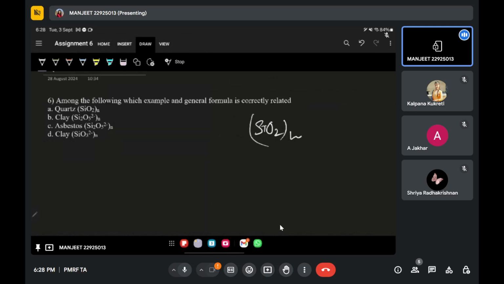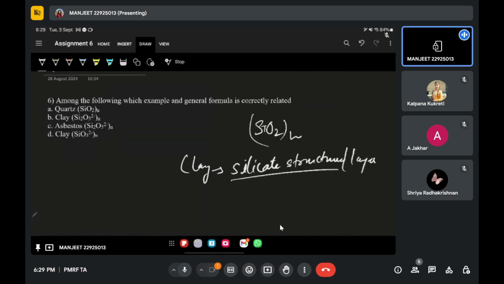In the clay, clay is basically your silicate structure, but the layered one.